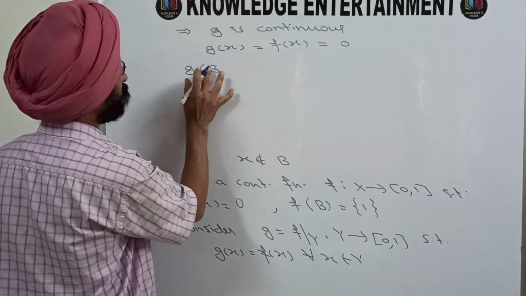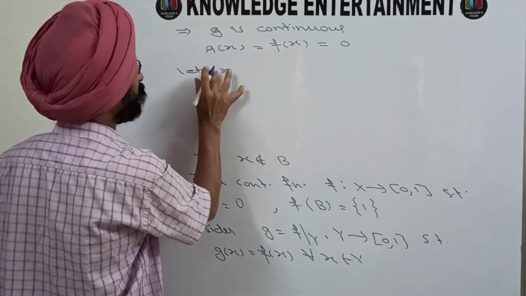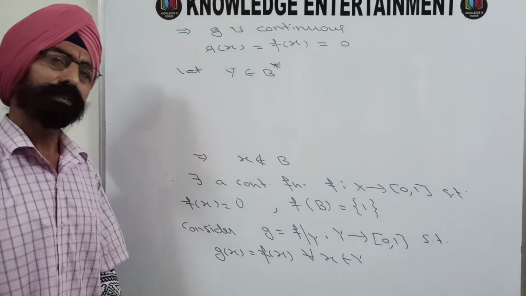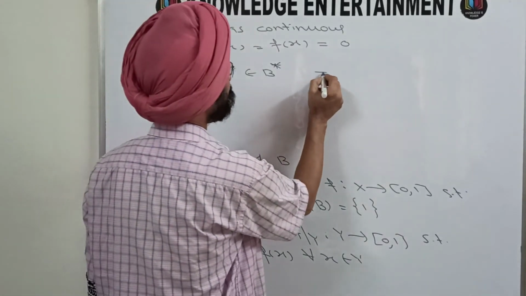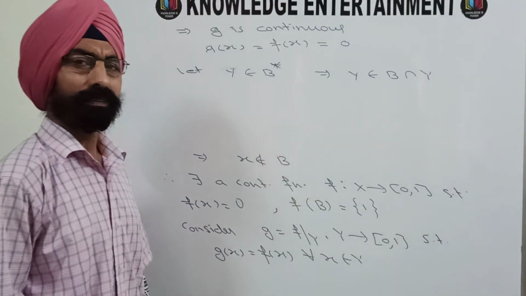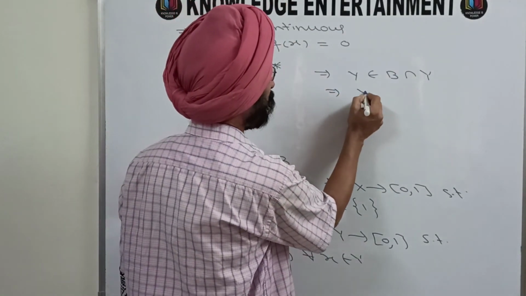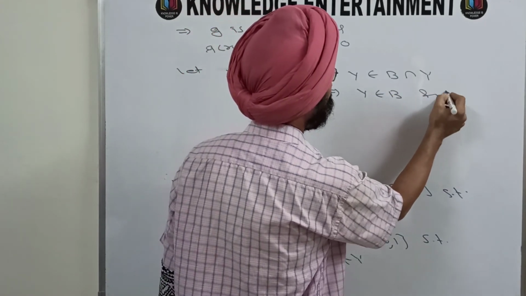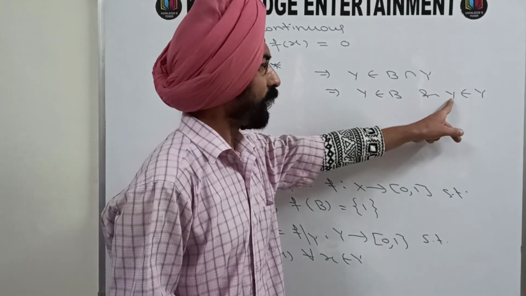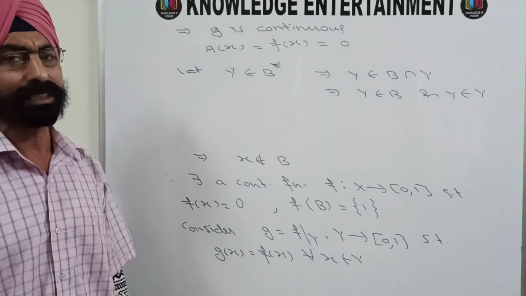Now G of B star. Let y be a point of B star. So this means y is a point of B intersection Y. That means y belongs to B and y belongs to Y. And for every point y belonging to Y, G of y will be the same as F of y, because this is the restriction map.